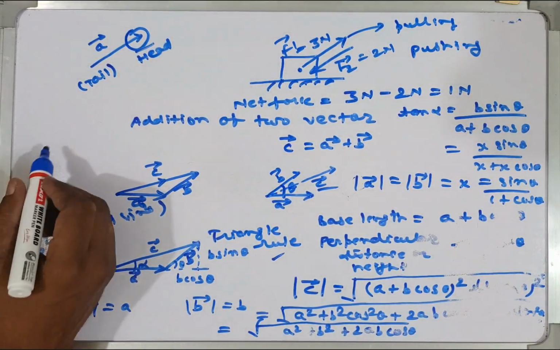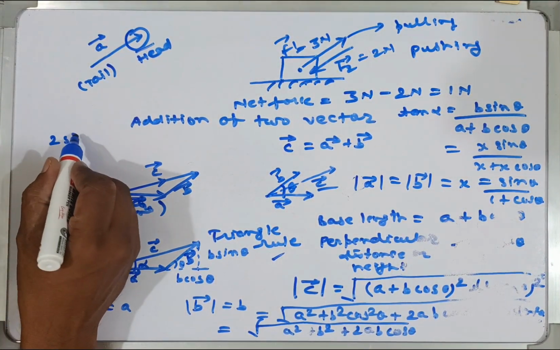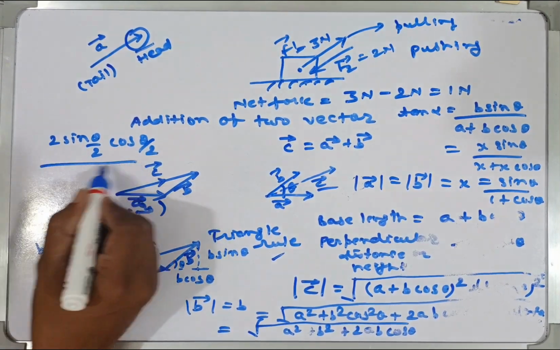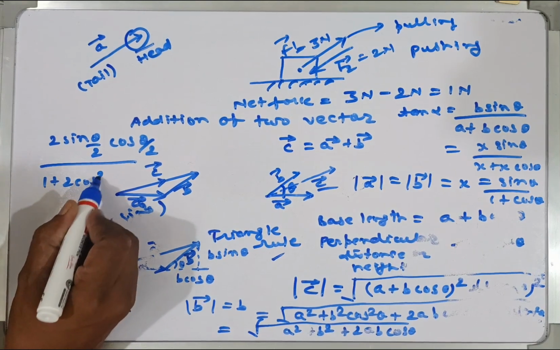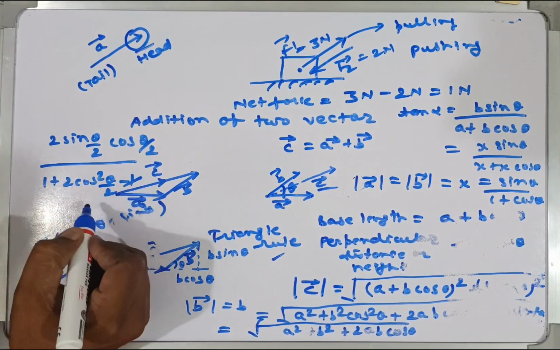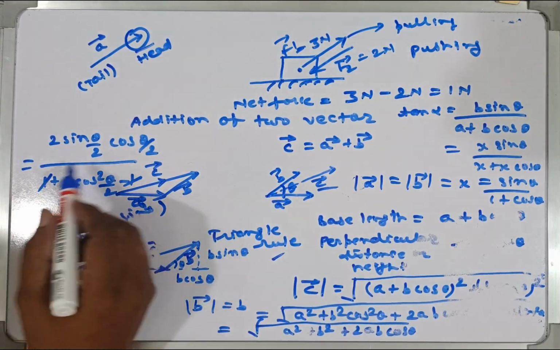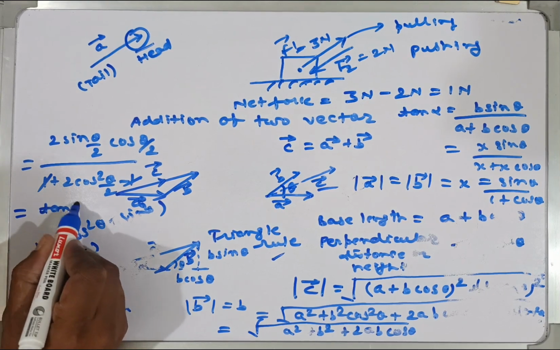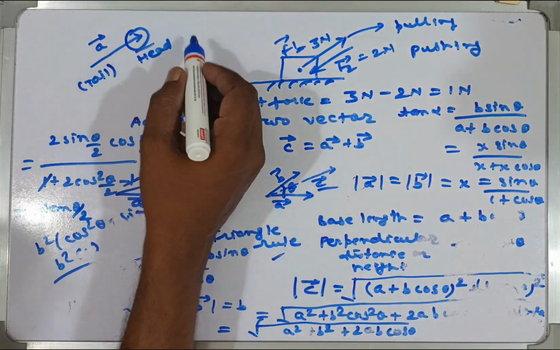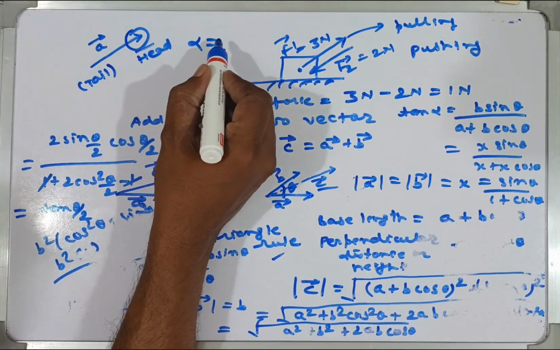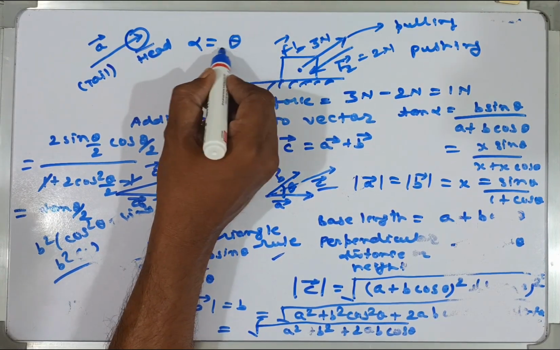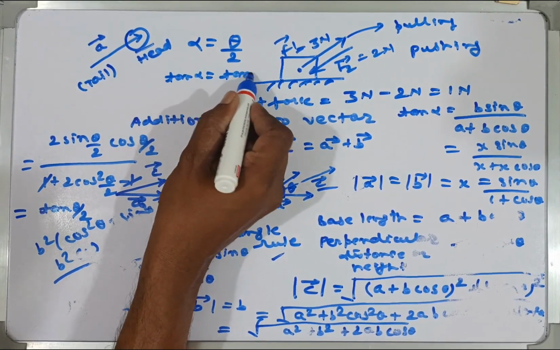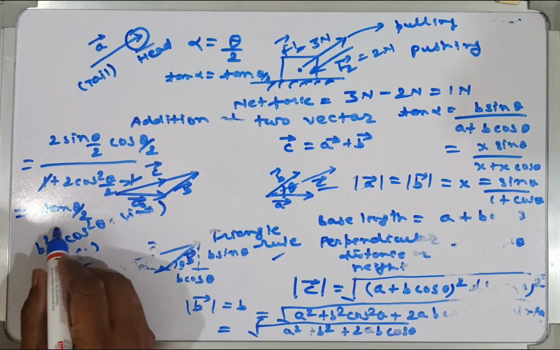We read that sin theta can be written like this, and 1 plus cos theta as 2 cos square theta by 2 minus 1, plus 1, so the 1s cancel out. When you further resolve this, it comes to tan theta by 2. So guys, one important result here: alpha equals theta by 2, meaning tan alpha equals tan theta by 2.